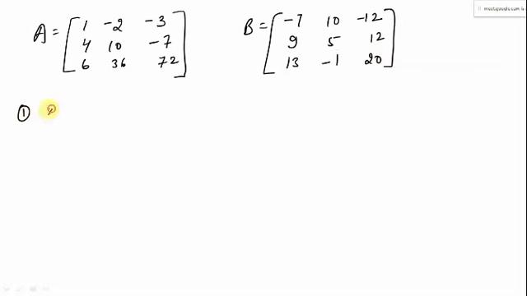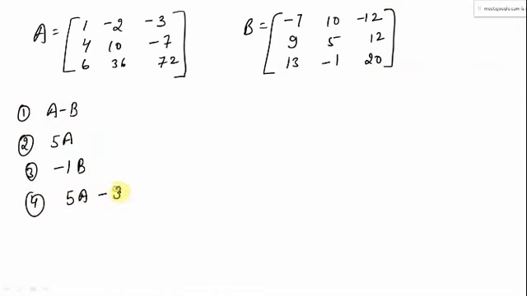First question, find A minus B. Second question, find 5A. Third question, find negative 1B. Fourth question, what will be 5A minus 3B? Fifth question, what will be 5A minus B?